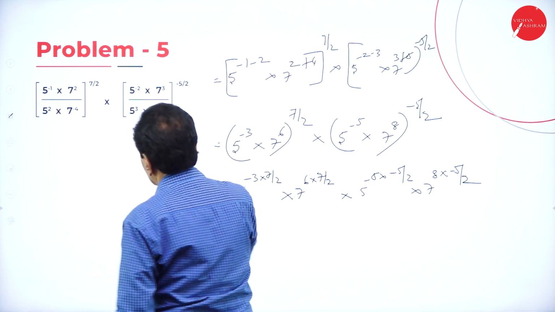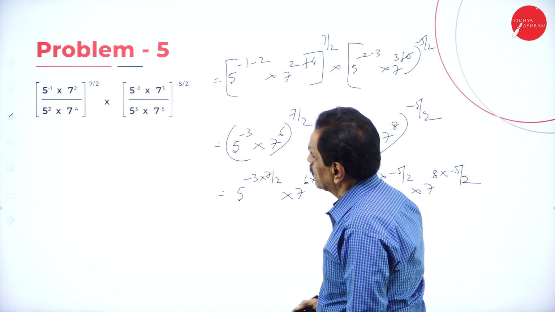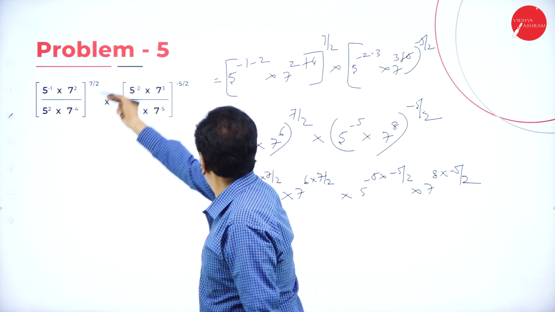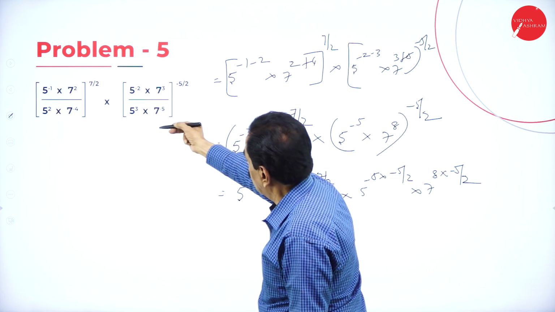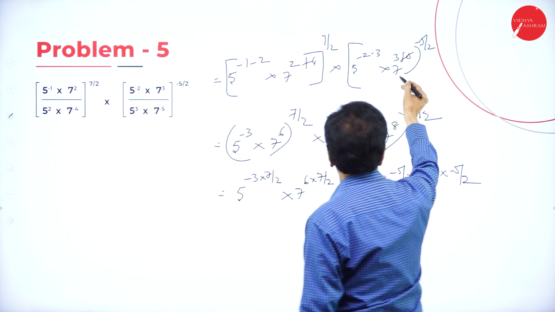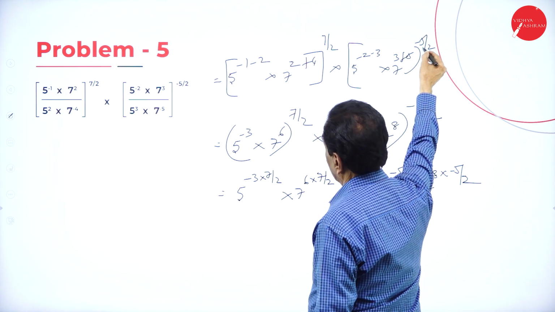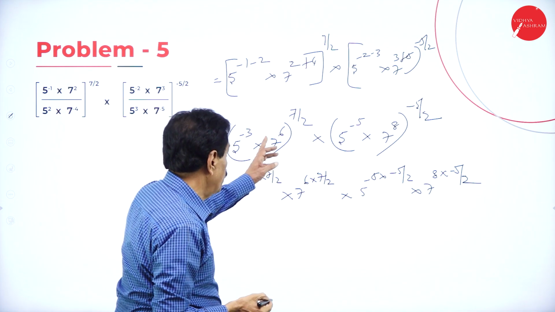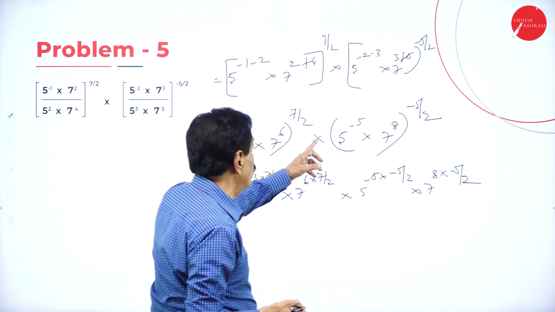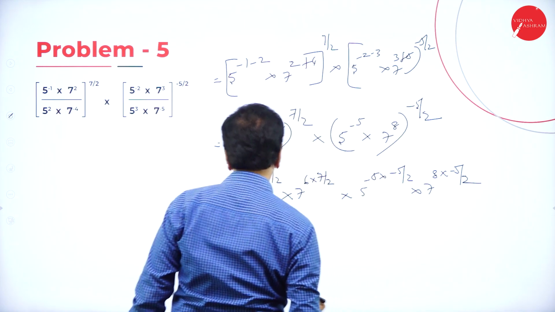What I did, 5 to the power of minus 1, if we take 5 to the power of minus 2, 7 to the power of 2, minus 4 becomes plus 4, 7 to the power of 6, then 5 to the power of 2, 5 to the power of minus 3, 7 to the power of 3, 7 to the power of 5, then minus 5 by 2. Simplify this.